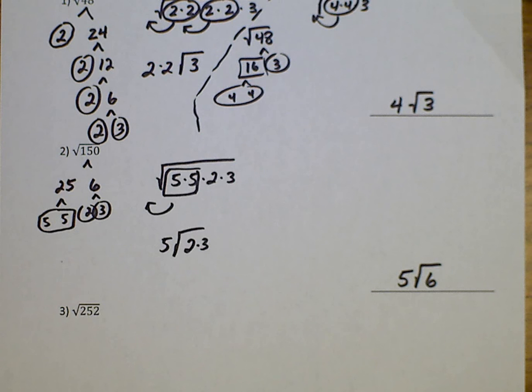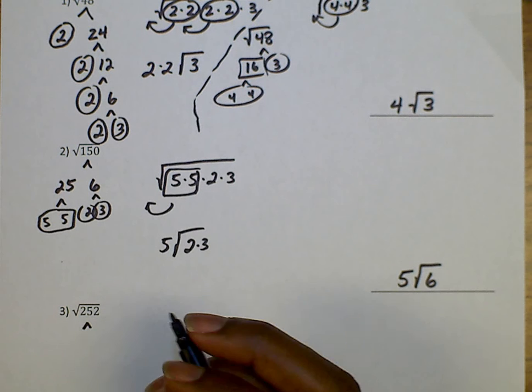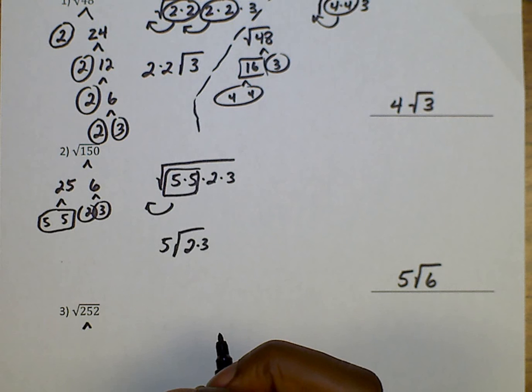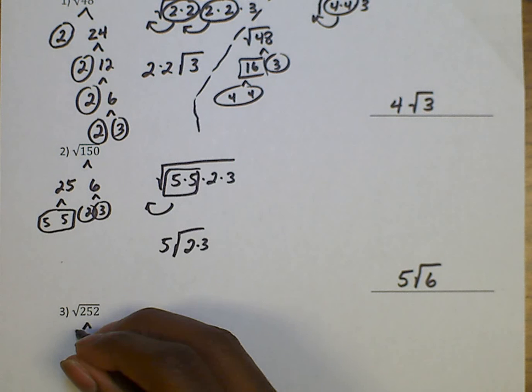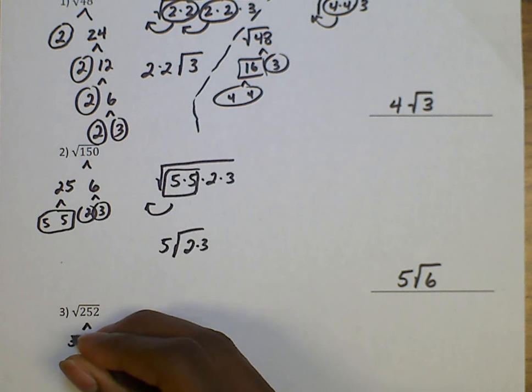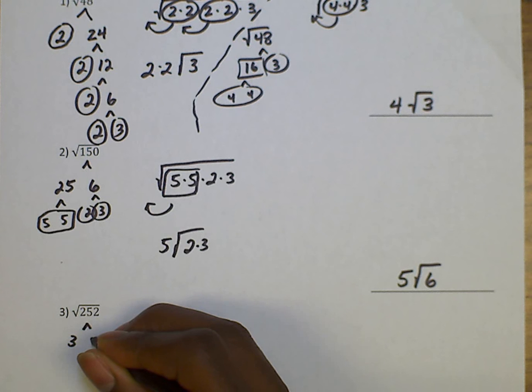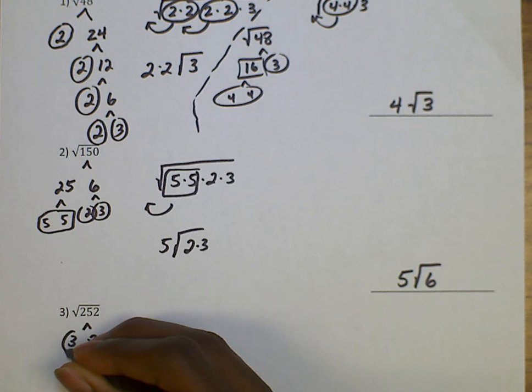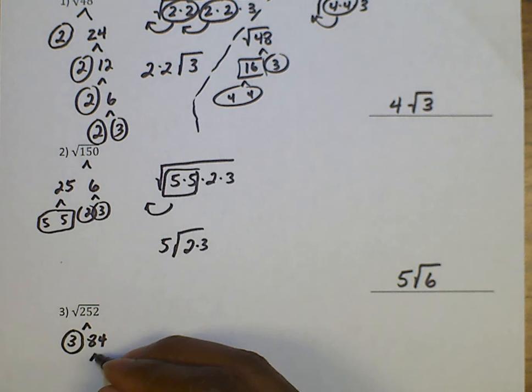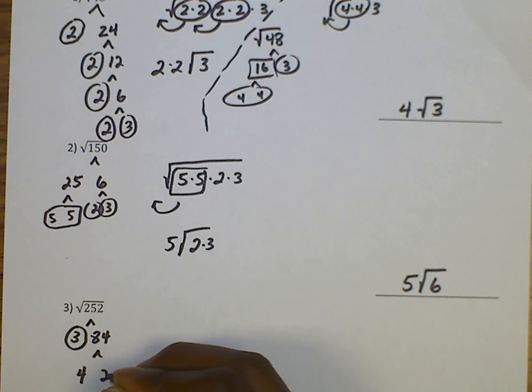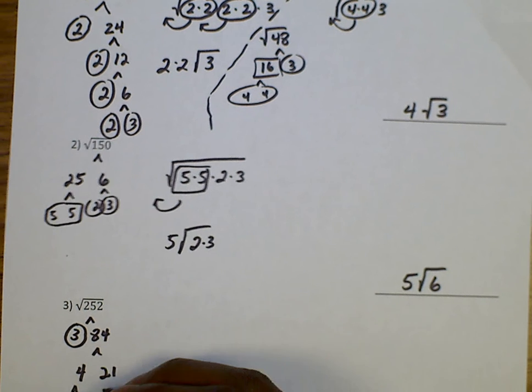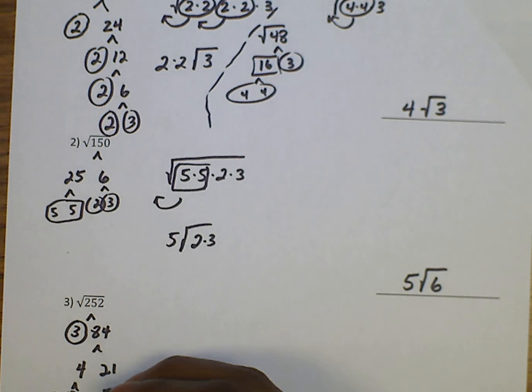Okay. And then 252, as I look at this, what goes into that? It's divisible by 3. So I'm going to go 3 times 84. Okay, so 84, I'm going to do 4 times 21. 4 breaks down to 2 and 2. Dead branches now. 21 is 7 and 3.